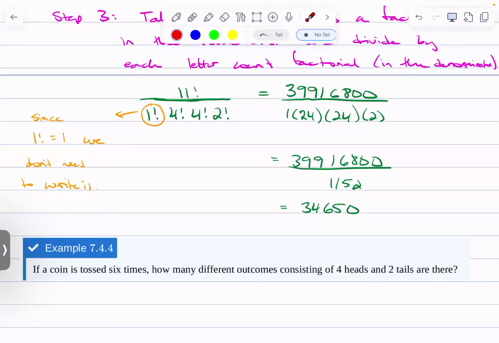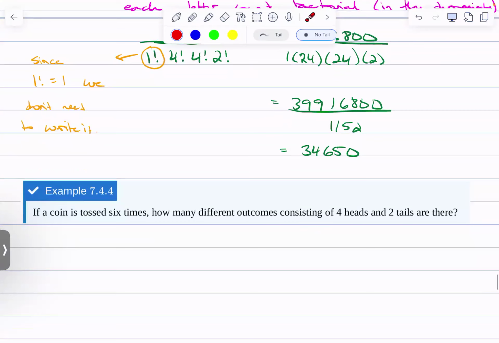Using what we just learned, how can we reframe this question to be the same as the question we just had? If a coin is tossed 6 times, how many different outcomes consisting of 4 heads and 2 tails are there?